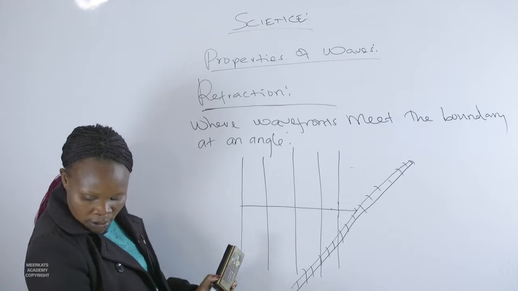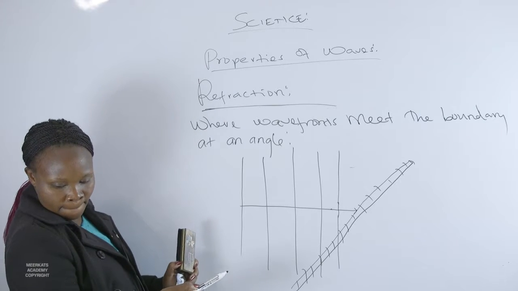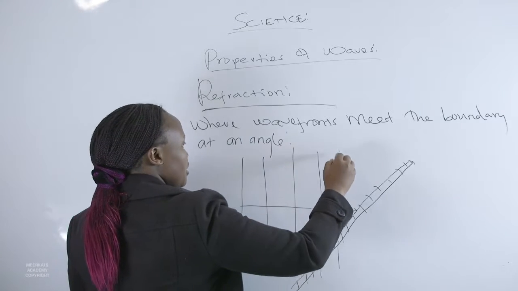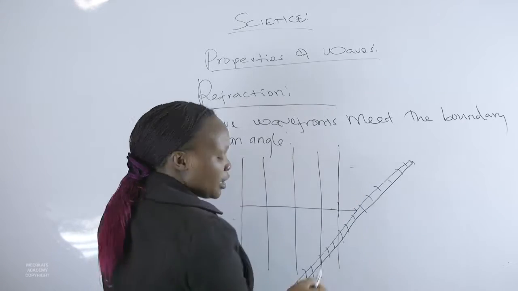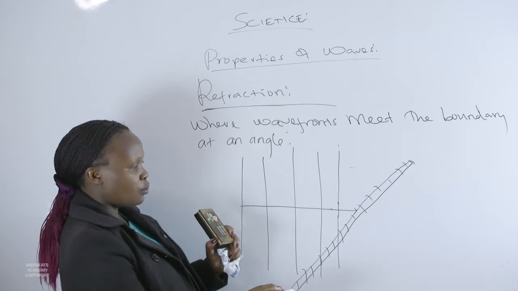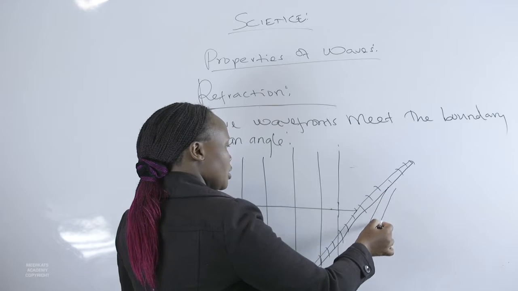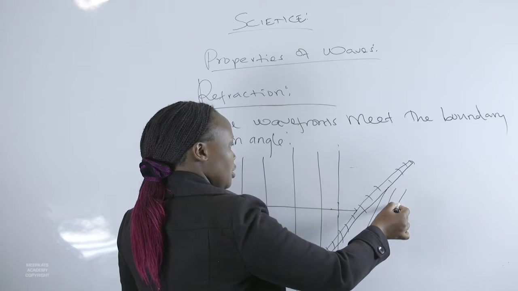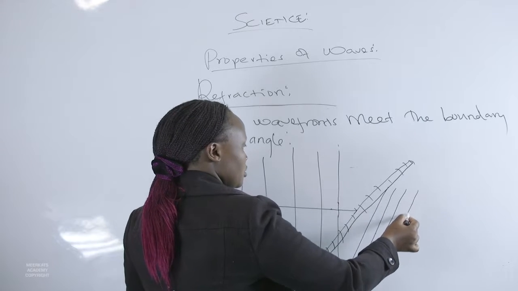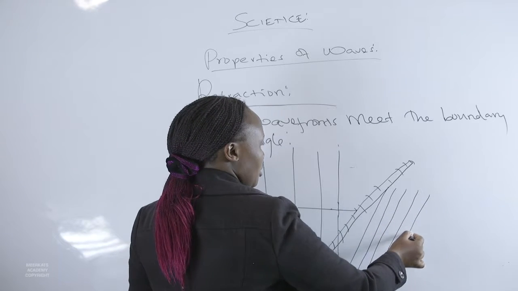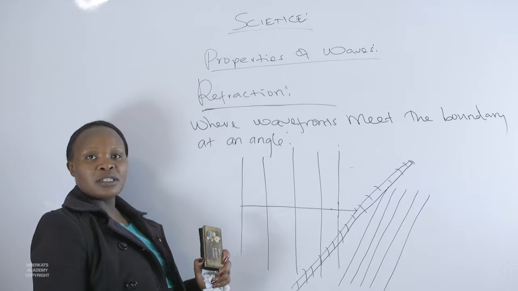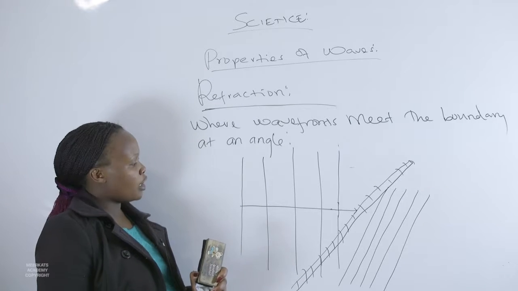Now, we expect that the waves will be refracted in such a way that, again, the speed will also reduce, so that now we have the wavefronts being close to each other.